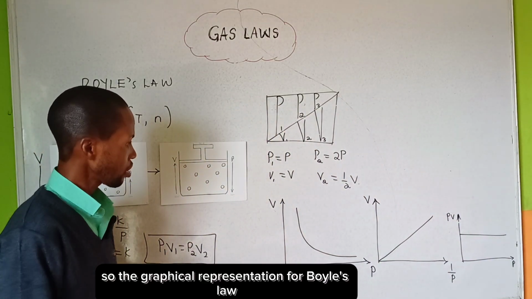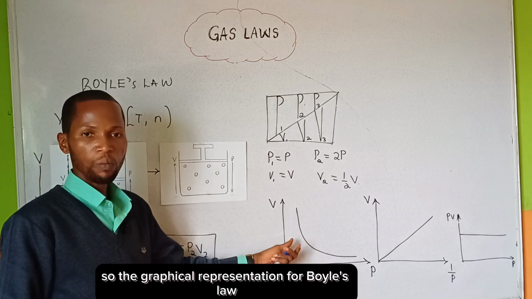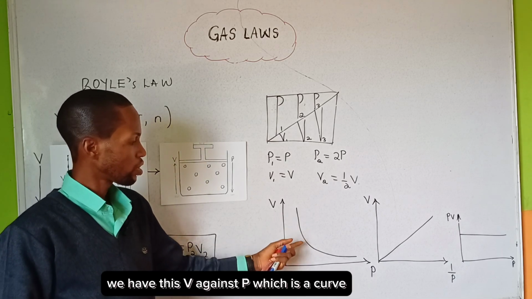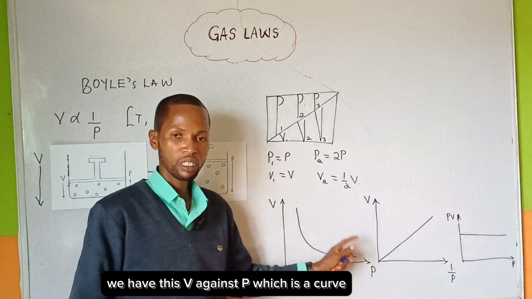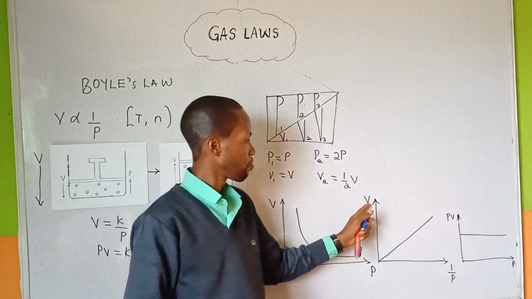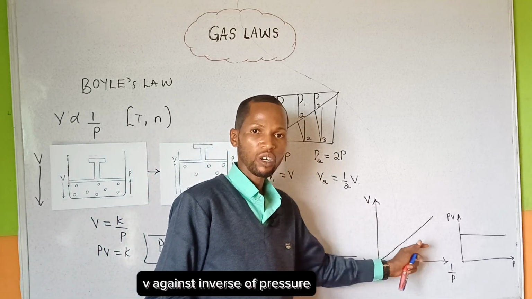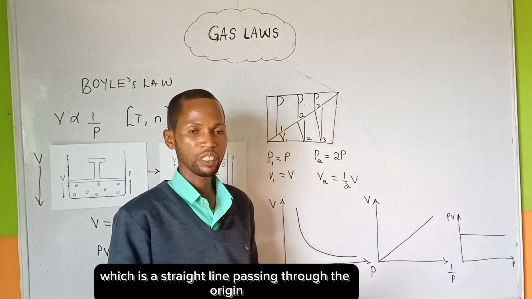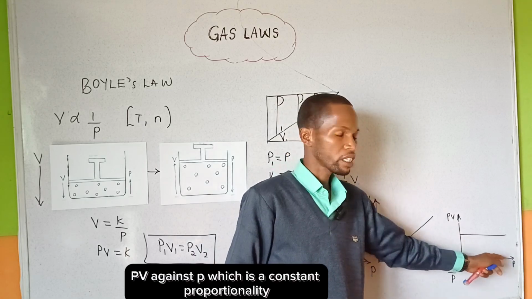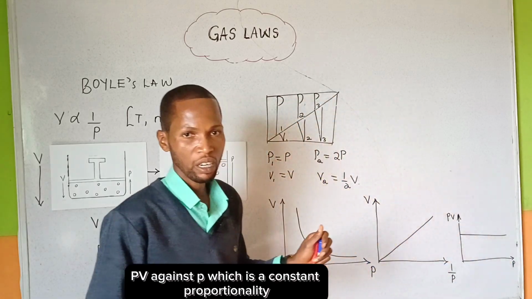So the graphical representation for Boyle's law: we have V against P, which is a curve; V against the inverse of pressure, which is a straight line passing through the origin; and PV against P, which is a constant.